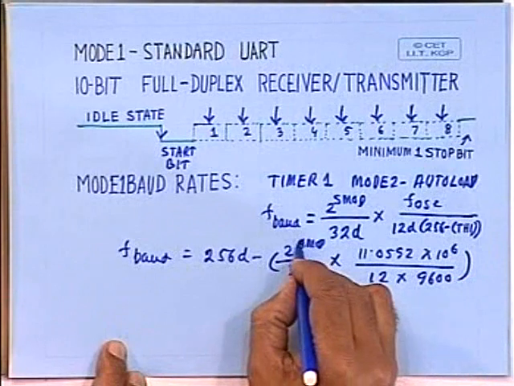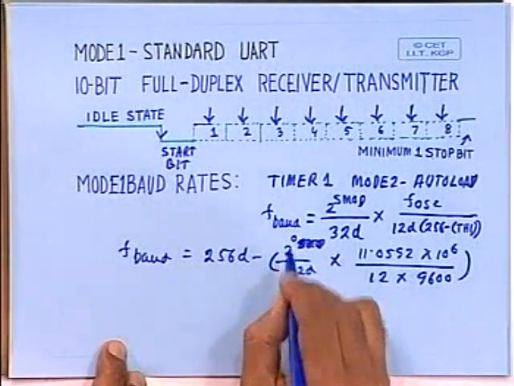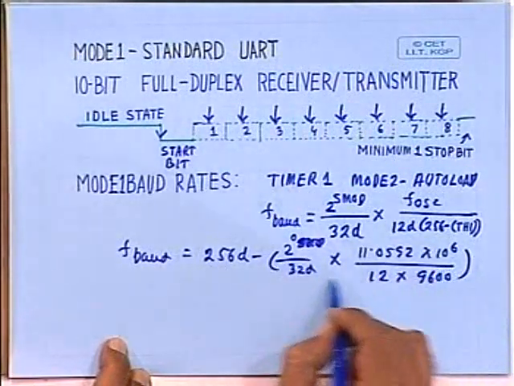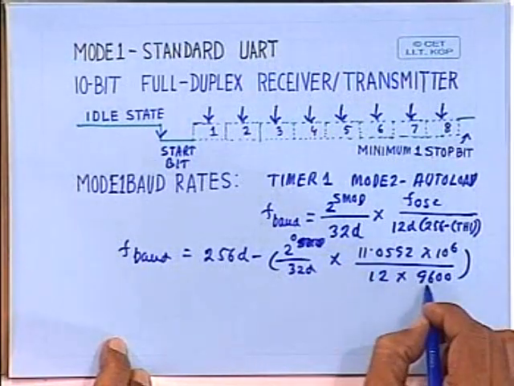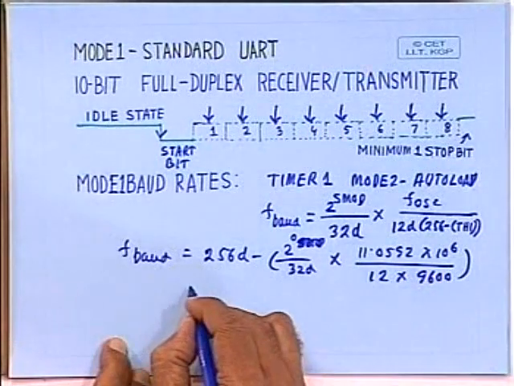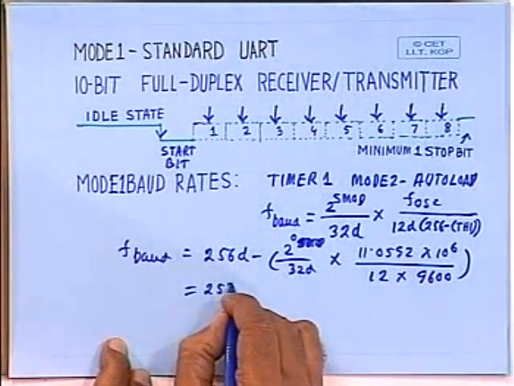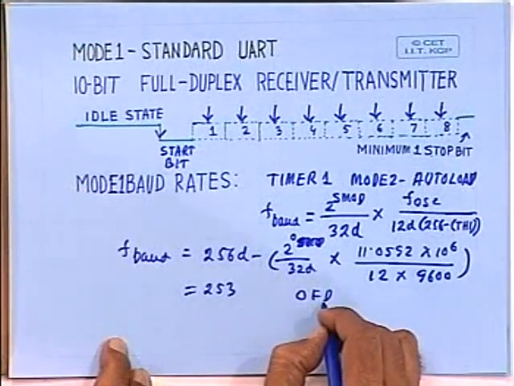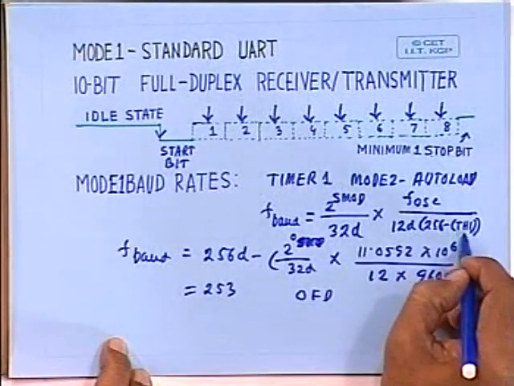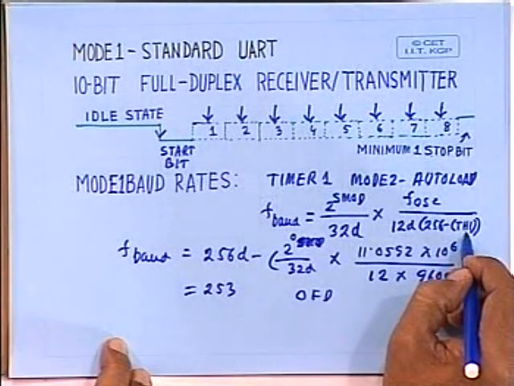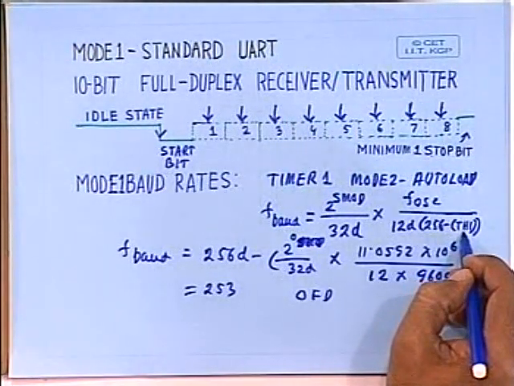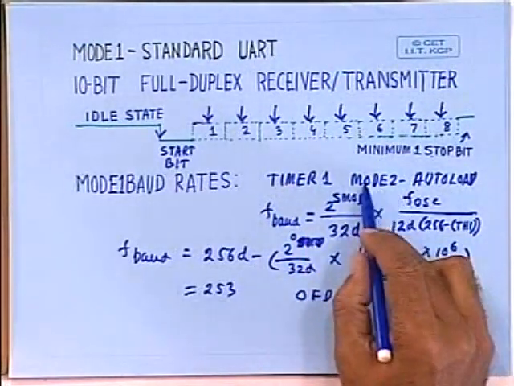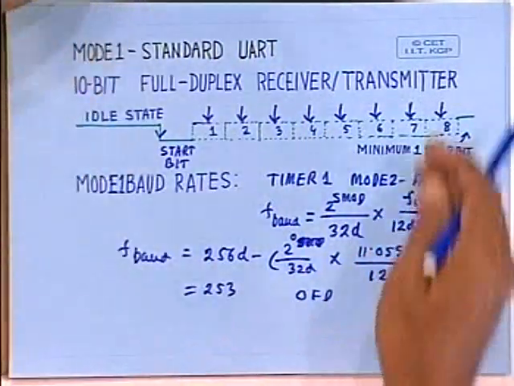So let's assume for a particular operation we want to make SMOD 0, and we want to find out what will be the value that you have to program so that you get 9600 baud rate, and you will find that this is equal to 253. That means 0FD. That will be the value that you have to load in the higher order byte of the timer register of timer 1, and it has to be configured in mode 2.